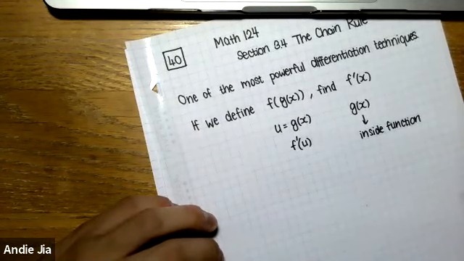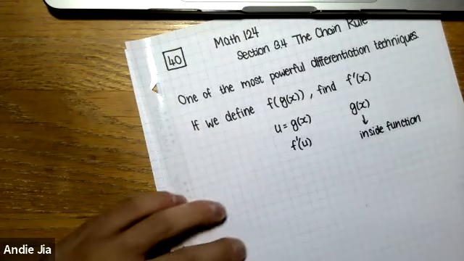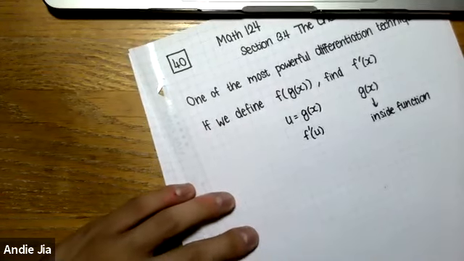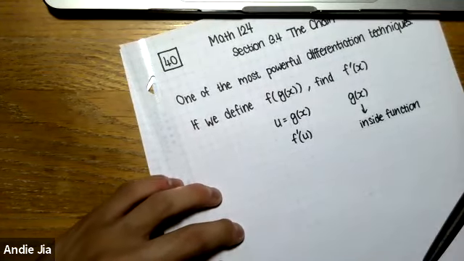So for the chain rule, we just take the derivative of two functions. We differentiate the inside function and the outside function.